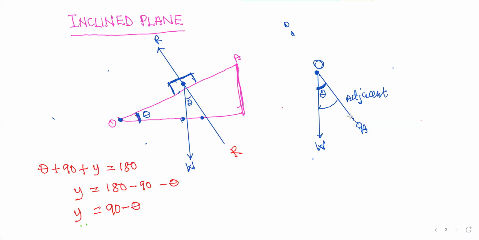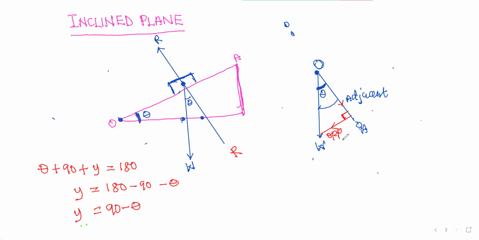So once we have located the adjacent, a line perpendicular from the adjacent will be the opposite to the angle. Then automatically, the weight line becomes the hypotenuse. So this is the opposite, adjacent, opposite, and the hypotenuse. Adjacent is always perpendicular to the opposite, right? So we have a right angle triangle.